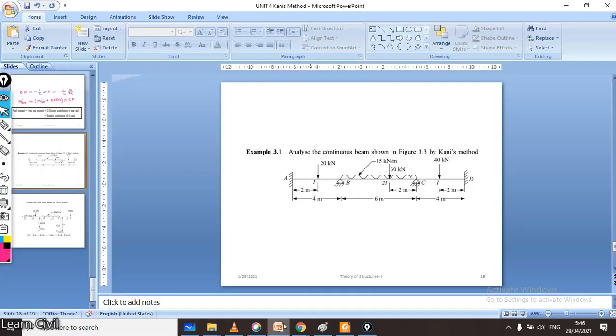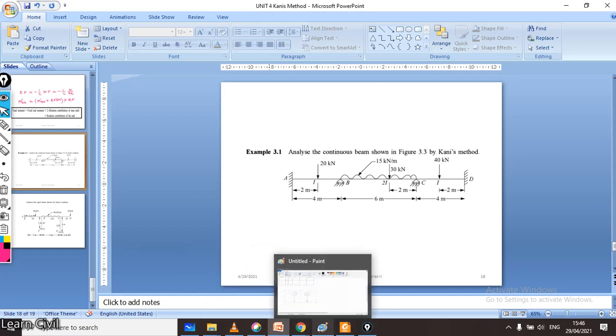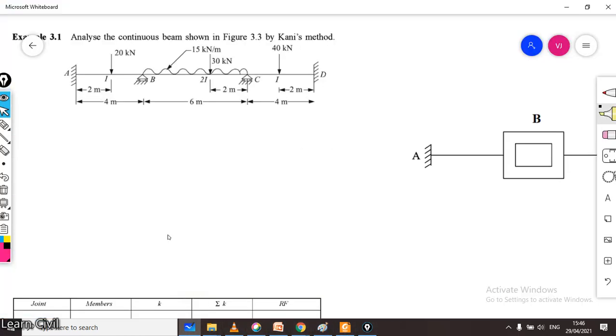Sorry, I forgot to explain the different steps for solving problems by Carney's method. The different steps are: step number 1 is to find the fixed end moment.